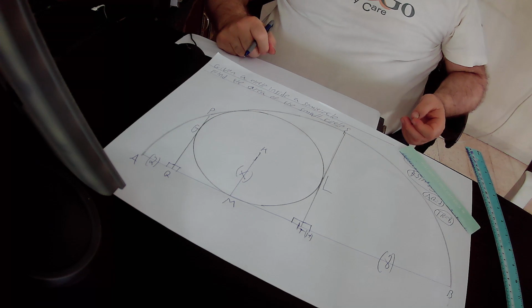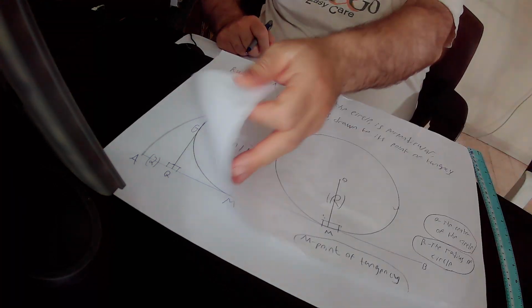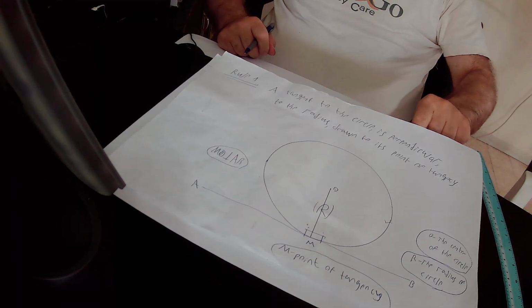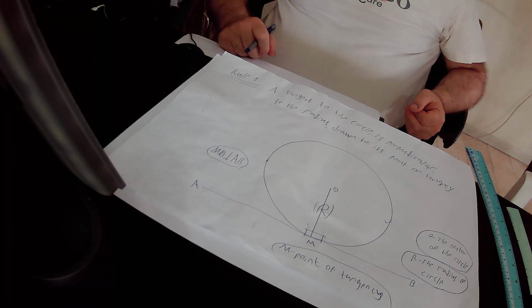So here we can implement rule 1. I'll repeat quickly rule 1. According to rule 1, a tangent to the circle is perpendicular to the radius drawn to its point of tangency.